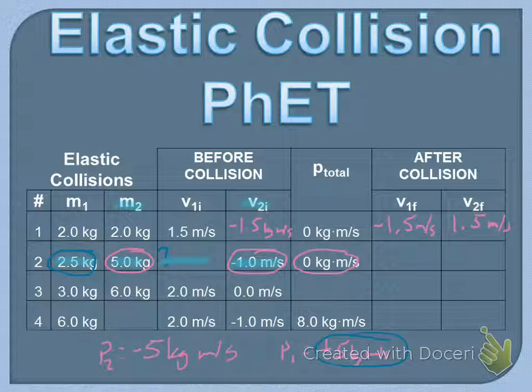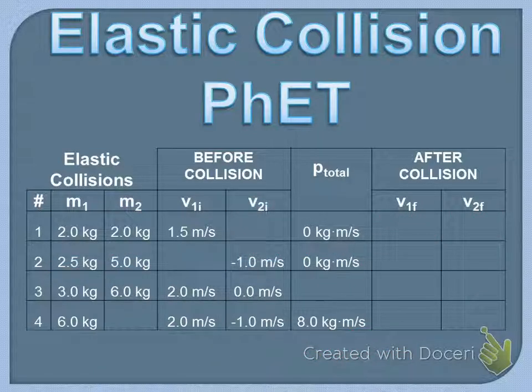So 2.5 times 2 meters per second. So 2 meters per second is going to give me my positive 5 kilograms meters per second, and positive 5 plus negative 5 will give me my 0 right here.